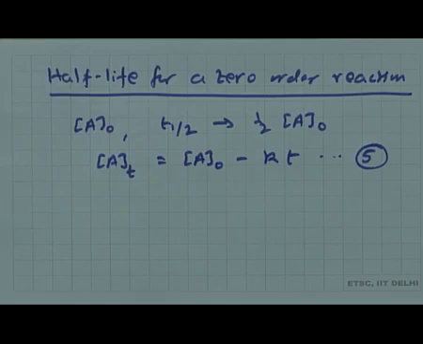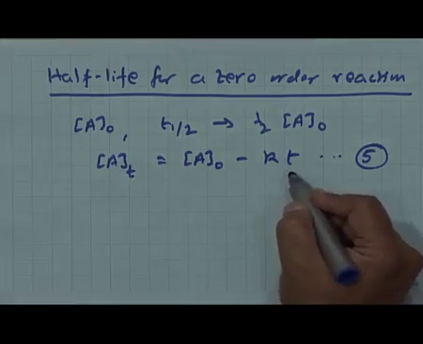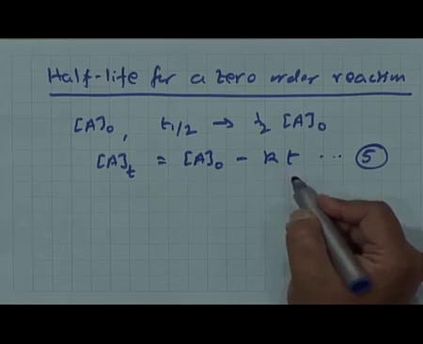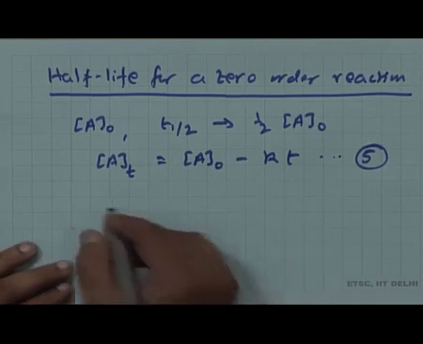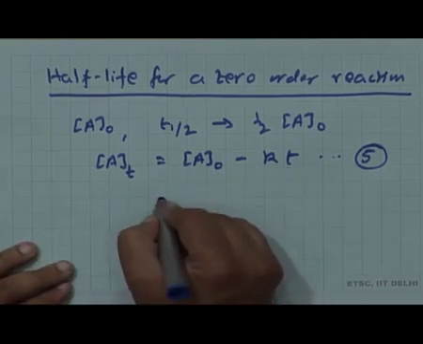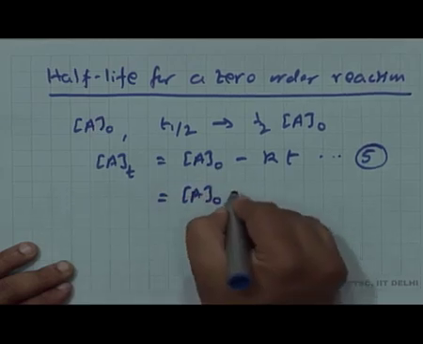Now, what happens at t half? If this t is now t half, because I am trying to figure out the expression for half life from this rate equation, then at t is equal to t half, A naught remains the same, as it is always my initial concentration.